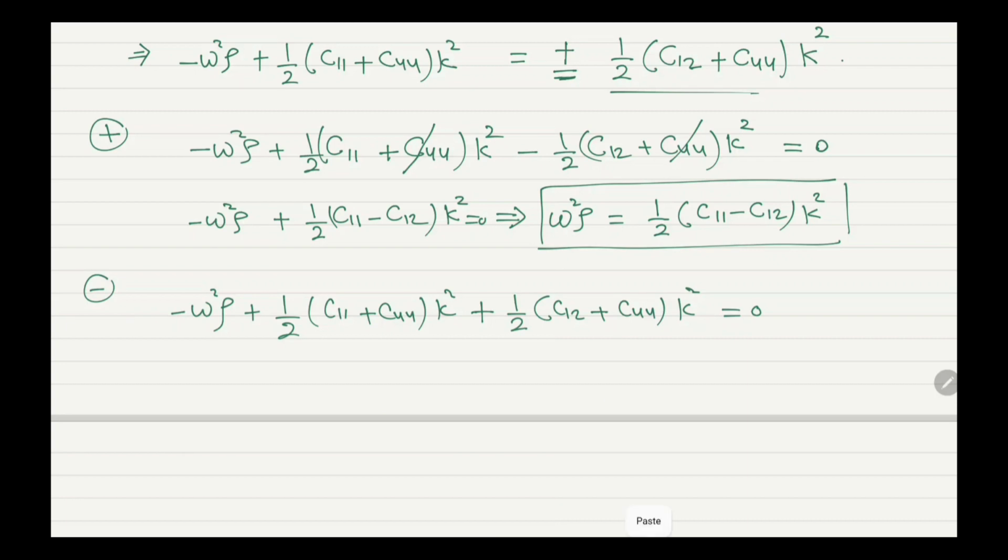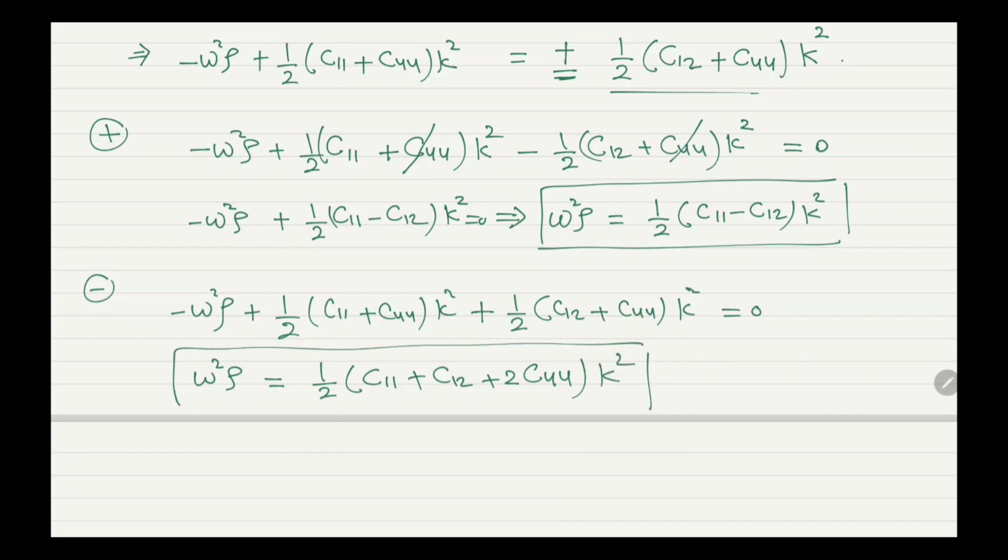Rearrange this and you will find omega square rho equal to half C11 plus C12 plus 2C44 times k square, and this is the other solution.